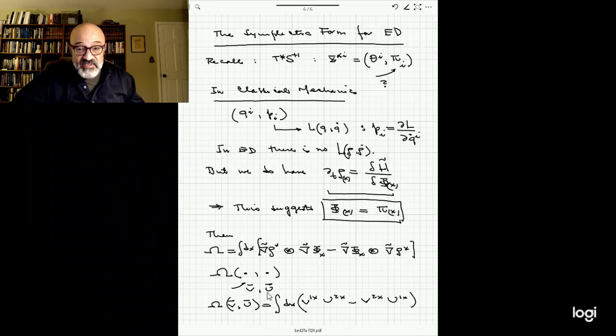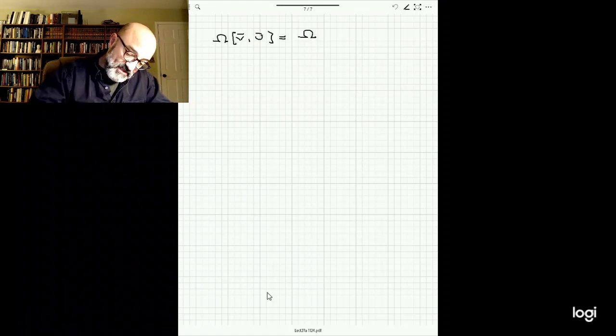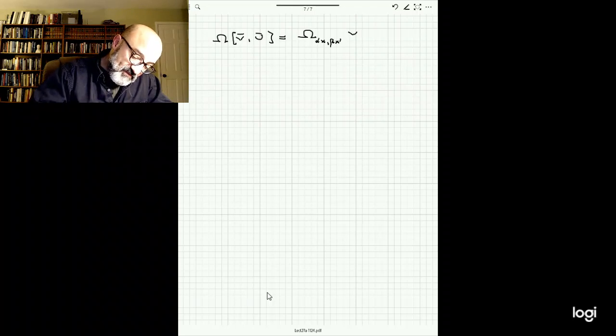And if we write this in components form, we may want to write this with indices. So this is going to be alpha x beta x prime, v alpha x, u beta x prime.